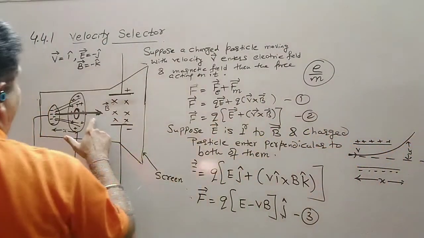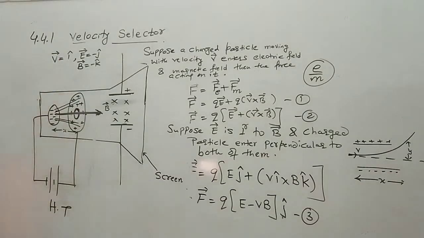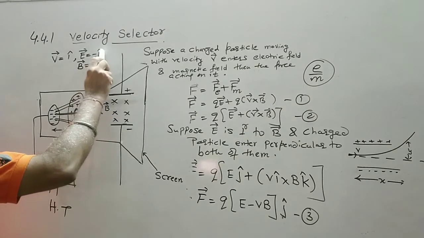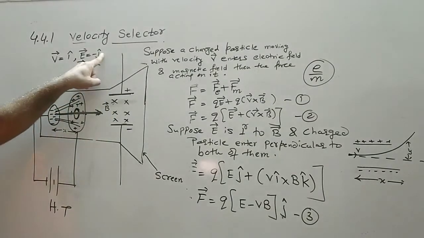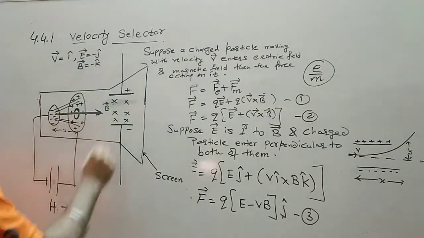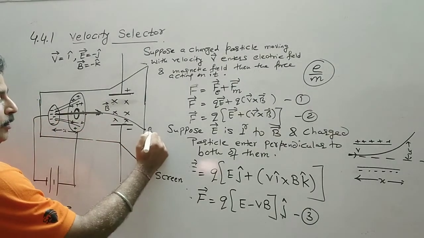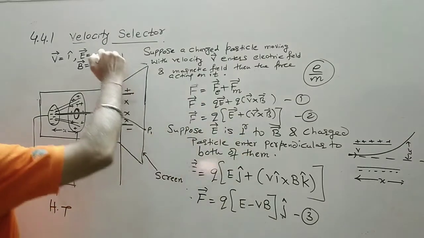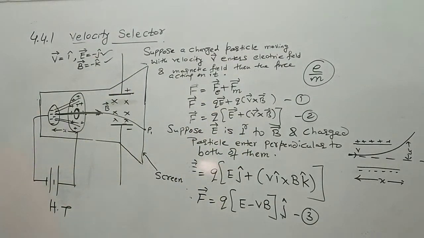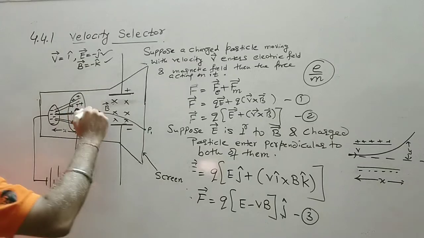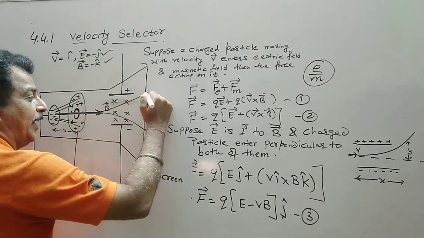So this is a beam of electrons moving along the x-axis. We have already studied that if only the electric field is present, all the electrons will be deflected in a downward direction. I have changed this direction compared to the theory. And if there is only a magnetic field, this beam will strike at this point.